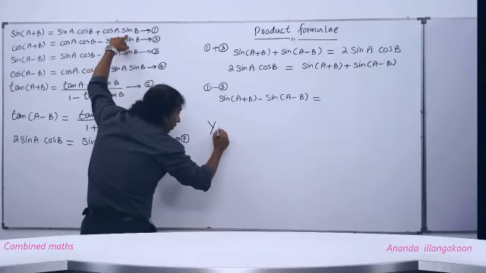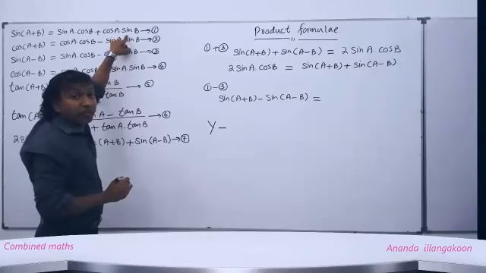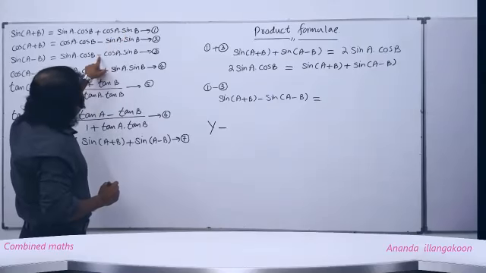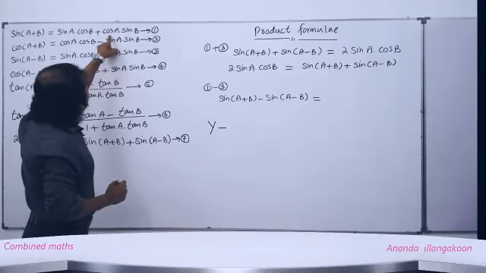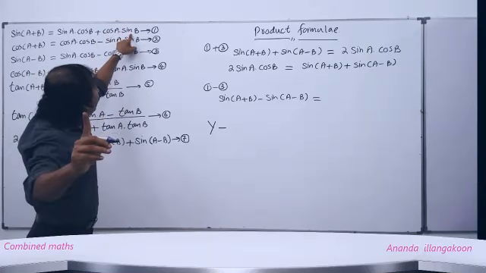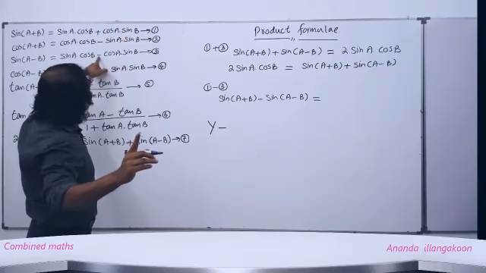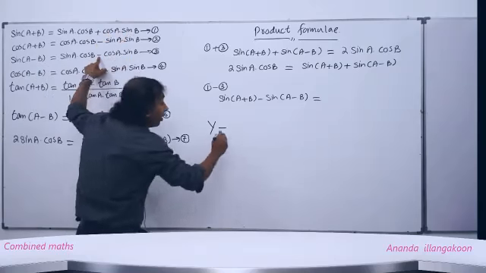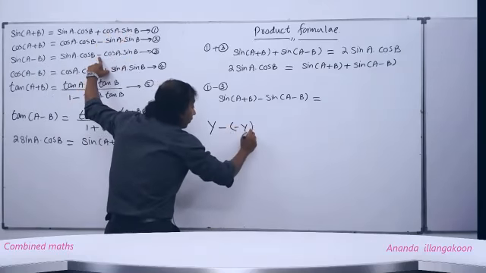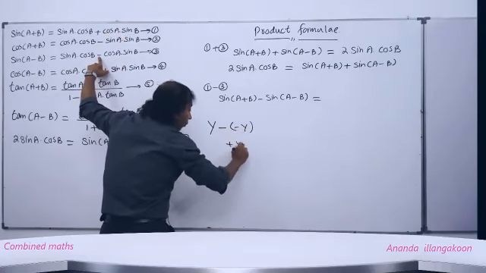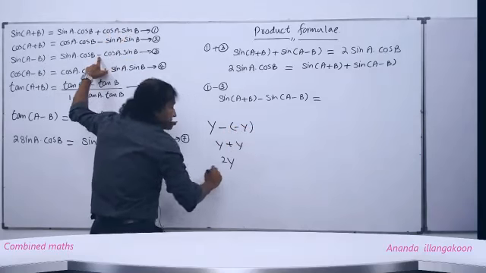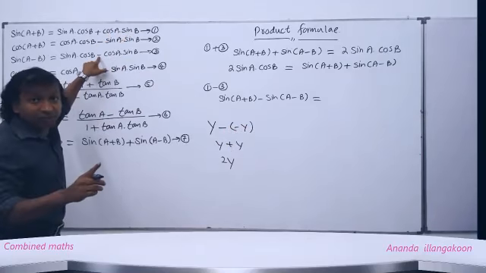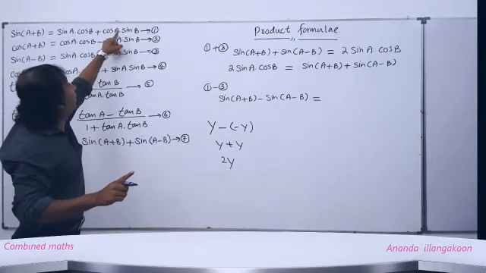We subtract with this minus sign. We assumed it for cos A sin B, therefore this is also y. But since here we have a minus sign, it is minus y. Then we can write minus y here. Minus minus plus, y and y, 2y. Then what do you get on the right hand side, people? 2 times cos A sin B.